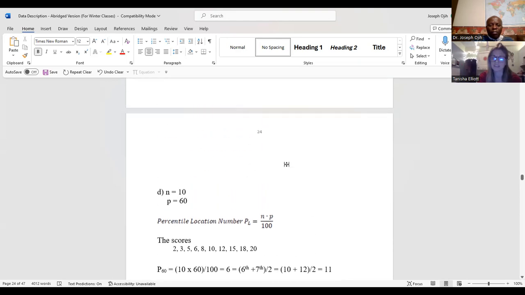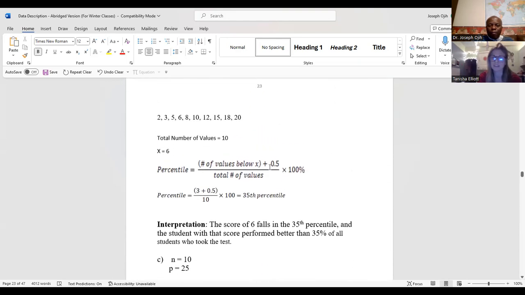That's why you have 0.5 here. I will call it correction for continuity, because you are moving from continuous data to discrete data, or from discrete to continuous, so you have to make those changes to make sure the answer you have is accurate. This is the simplest way of explaining it.